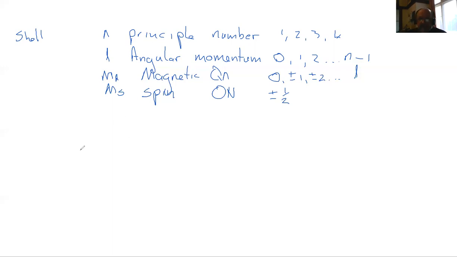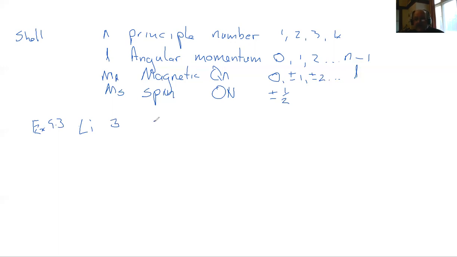So let's actually apply this to an atom. Let's take lithium, the example in exercise 9.3. Lithium has 3 electrons, so they can be in 3 states.